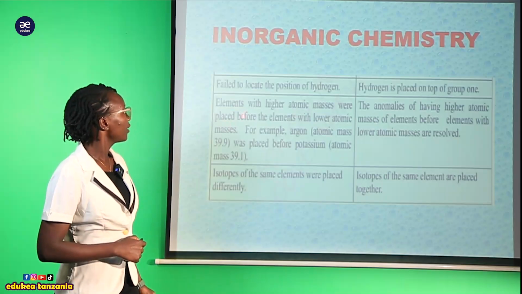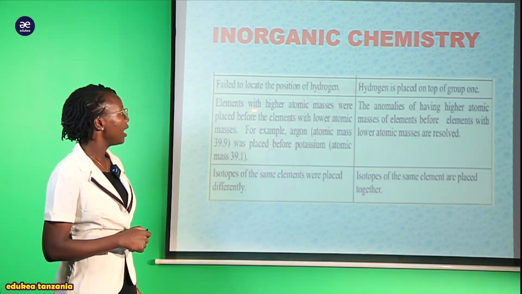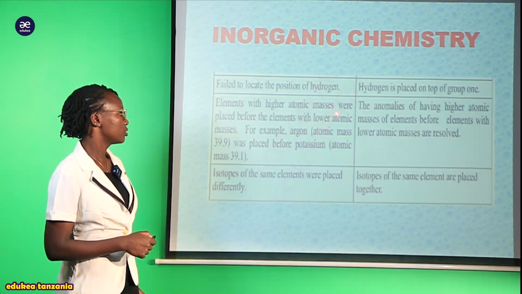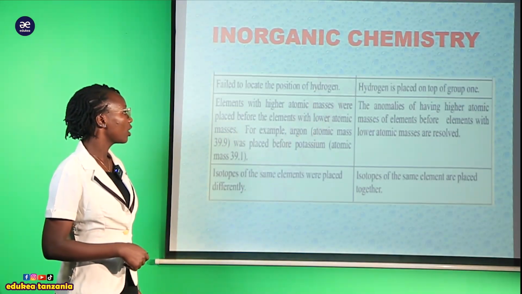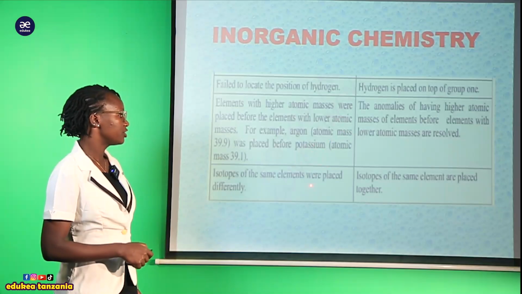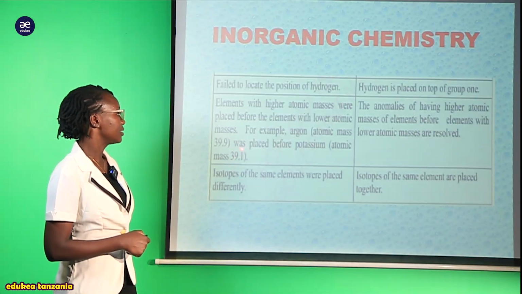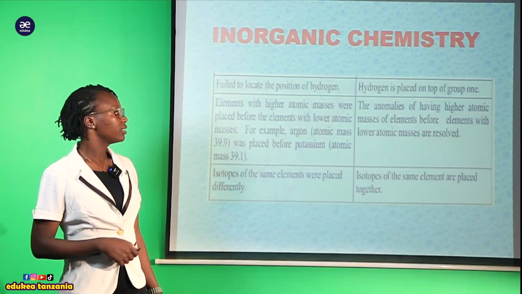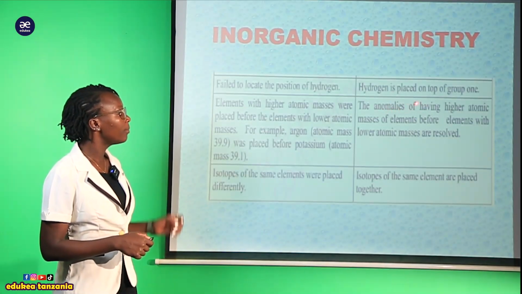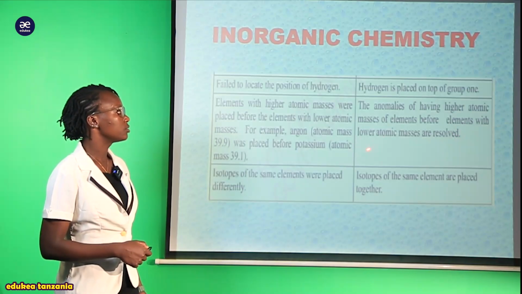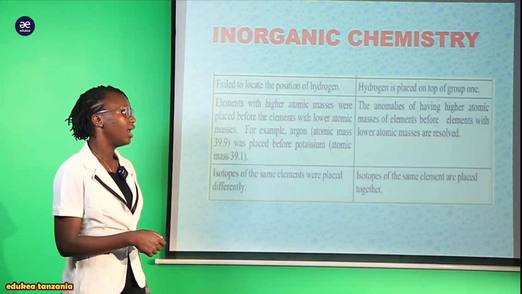So now you can see that in the Mendeleev element with the high atomic masses were placed before the element with low atomic masses. For example, argon atomic mass ya 39.9 was placed before potassium ambayo ina atomic mass ya 39.1. But when we come in the modern periodic table, the anomalies of having higher atomic masses of element before element with lower atomic masses are resolved.